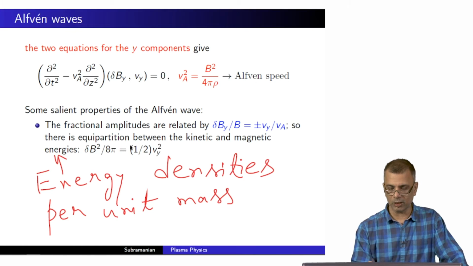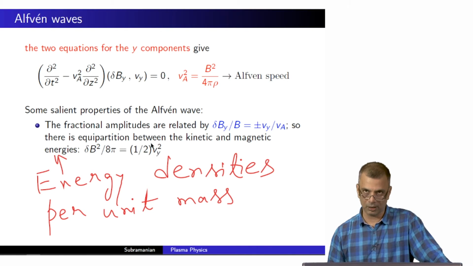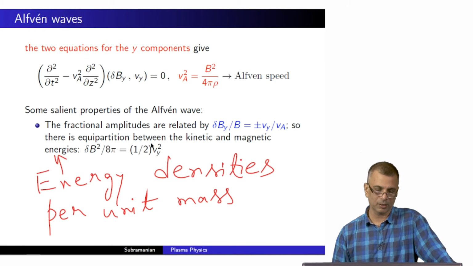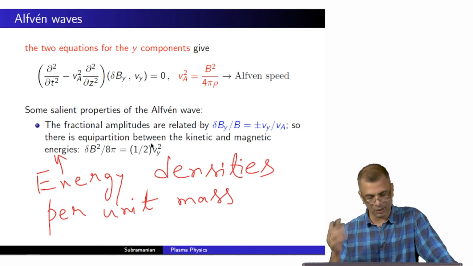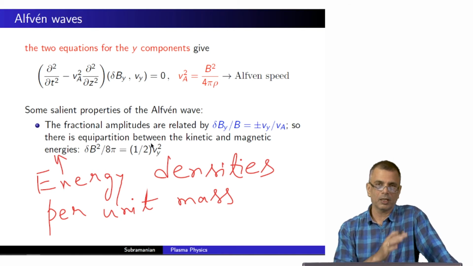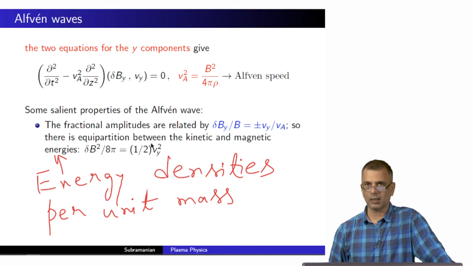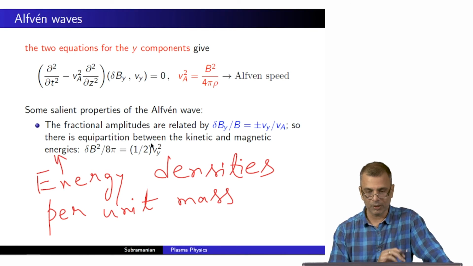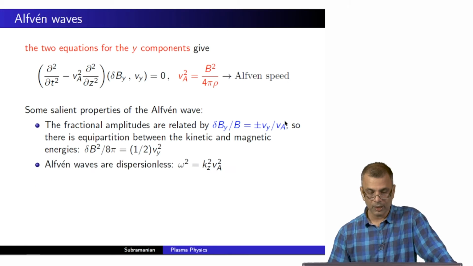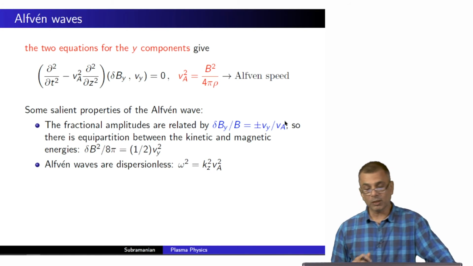As you can recognize, this is the kinetic energy per unit mass, right? So these are specific energy densities, and there's equipartition. The magnetic energy density and the kinetic energy density are the same, and this is a simple consequence of this fact.